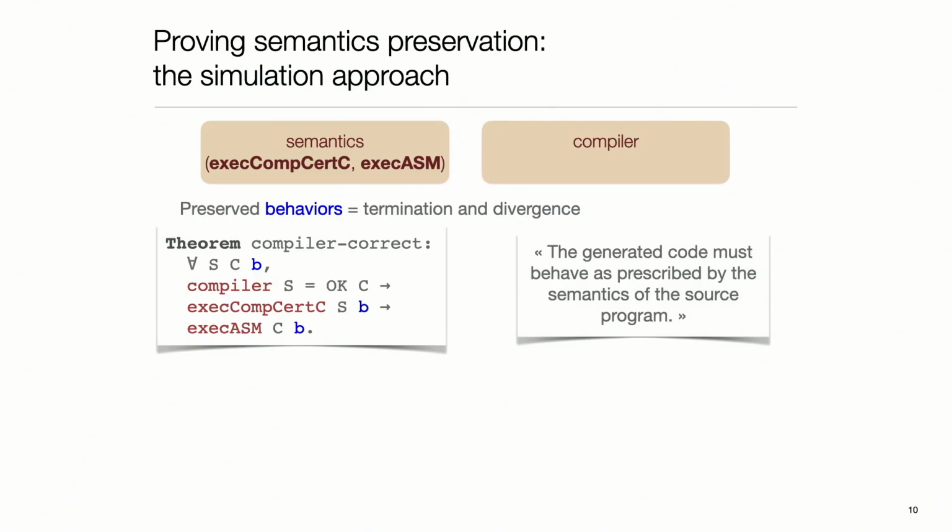Yes, because of non-determinism, I agree, but it's a simplified version. This is the version for Clight, not for CompCert C. It's a simplified way of showing the theorem, but it is not exactly the theorem as in the development. Okay, fair.